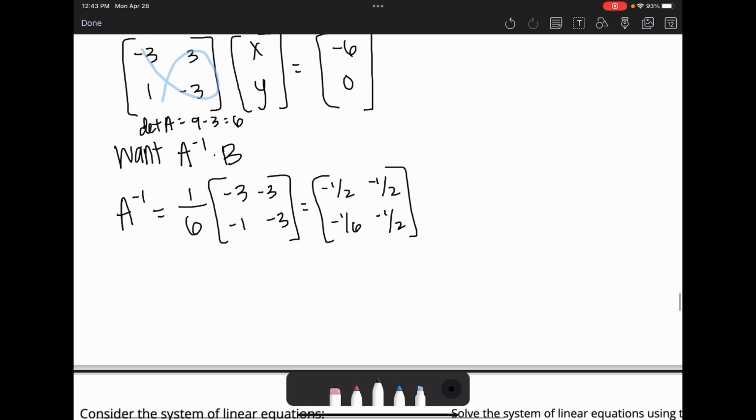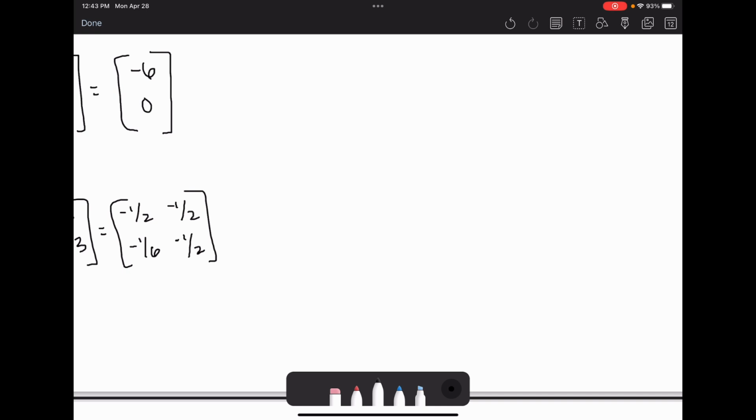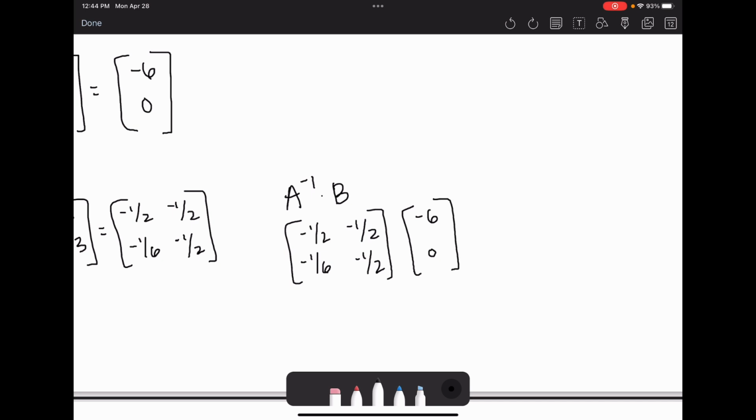Now I guess I'll write it over here, A inverse times B. So that's negative 1/2, negative 1/2, negative 1/6, and negative 1/2 times B, which is negative 6, 0.